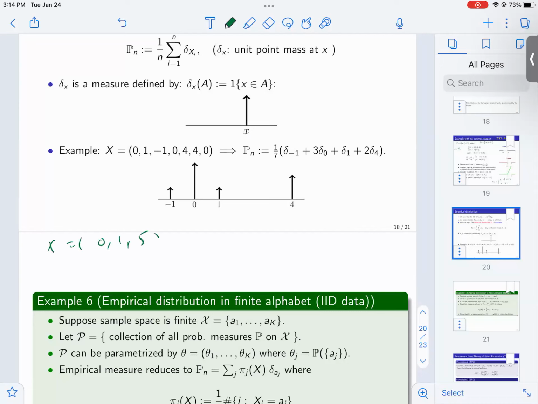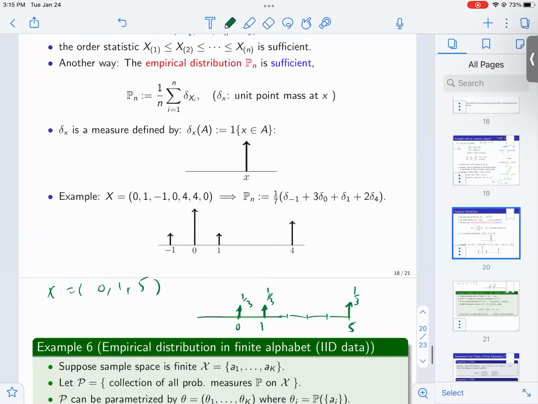I'm going to put mass 1/3 on 0, 1/3 on 1, and 1/3 on 5. So it's just a discrete probability measure that has these point masses.